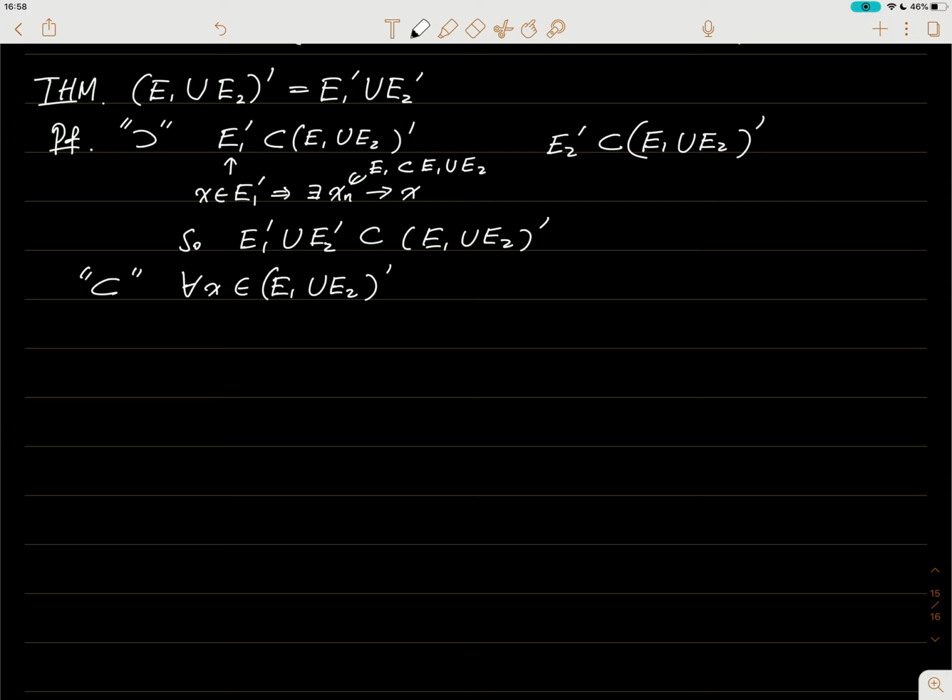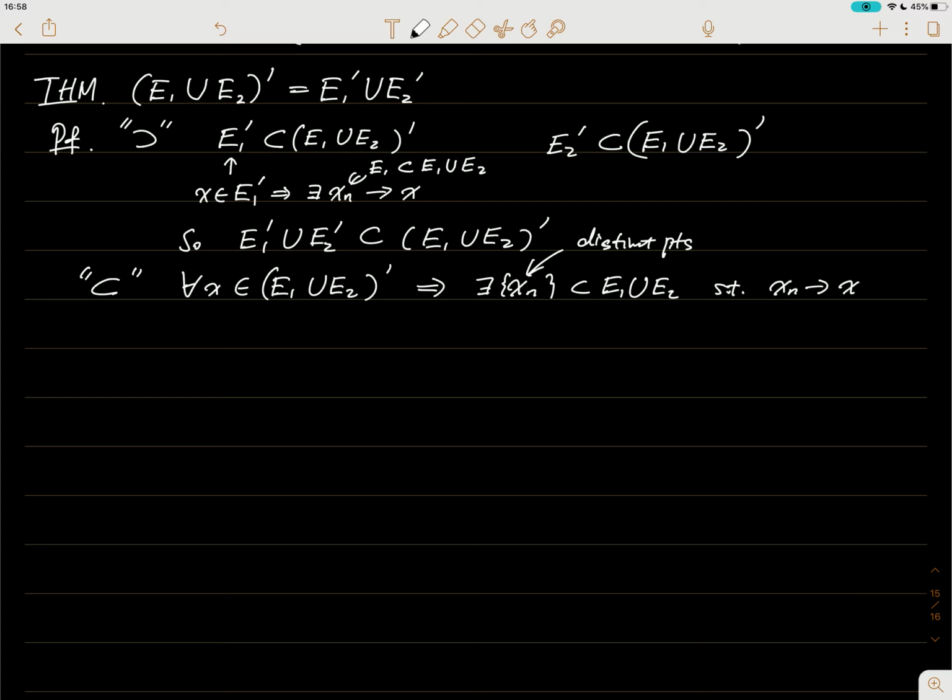Okay, so x is a limit point of the union of E1 and E2 means that there exists a sequence, I call it xn, from the union of E1 and E2, and they are distinct points from E1 and E2, such that xn converges to x.